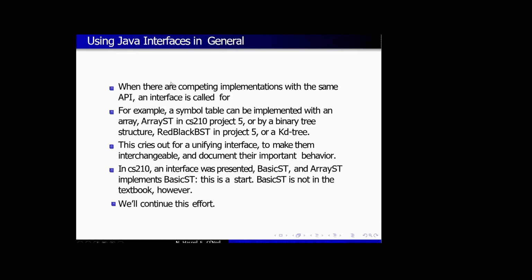Okay, so what we want to do is gloss over 2 different implementations of the same service, the same API. An obvious example is the symbol table that you studied in CS210. This was captured in the project 5 that we were just talking about. You had a symbol table called ArrayST and the RedBlackBST, and I think also a KD tree.